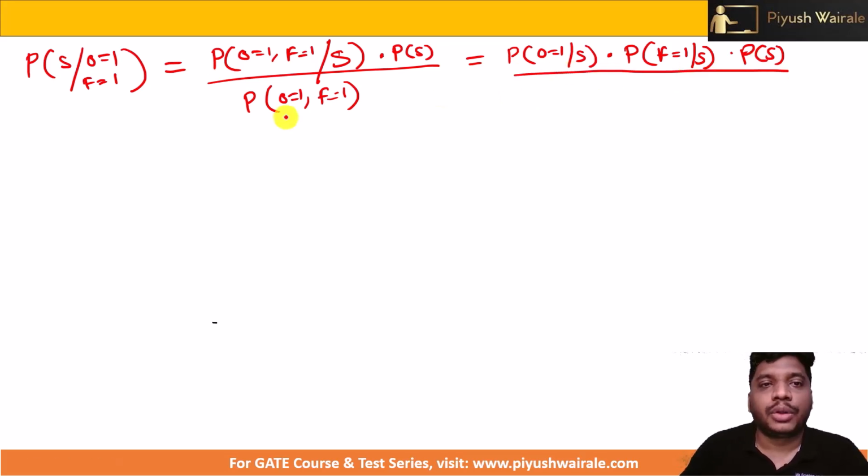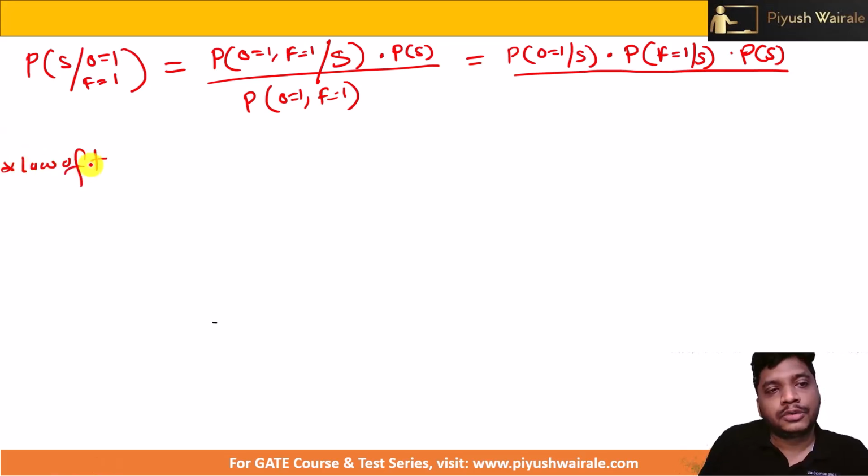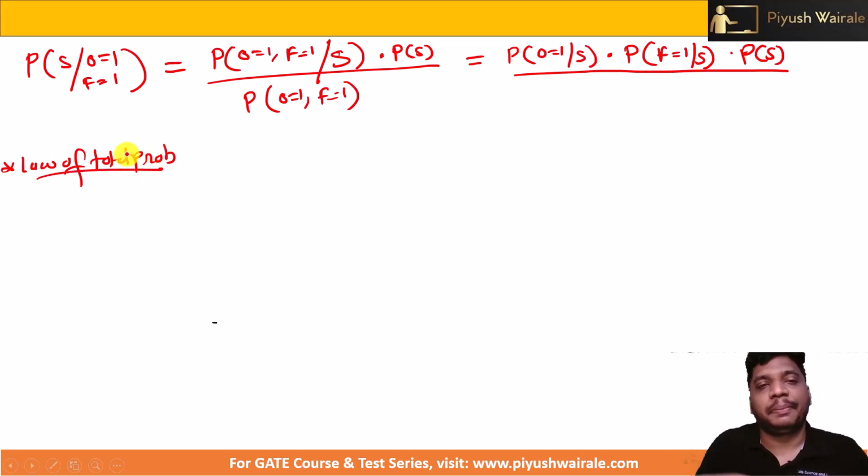Divided by, now what is this? Probability of offer equals 1 and free equals 1. Again, we are using the law of total probability here. But here, offer and free are independent of each other, right?